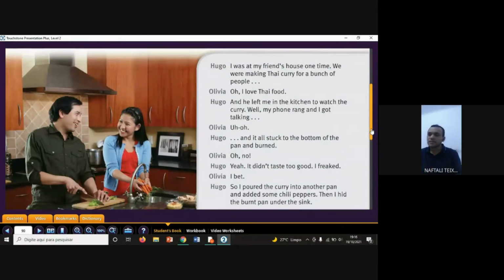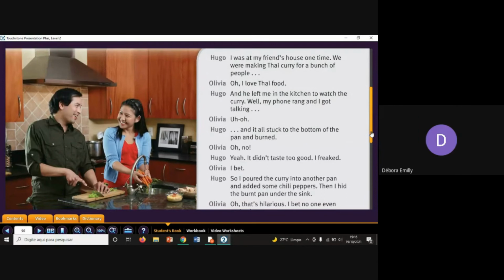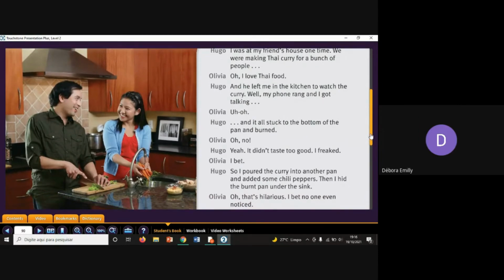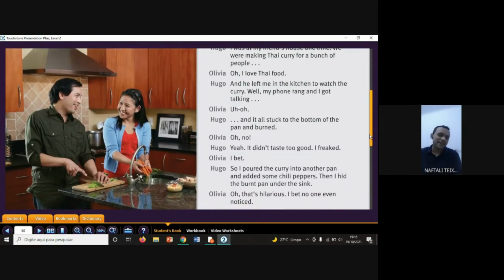A kind of a food. So, ele queimou a panela, se não me engano. Yeah, he burned the pan, right? But he was cooking something, right? He was preparing a curry, right? And then it was burned, right? It burned in the pan.